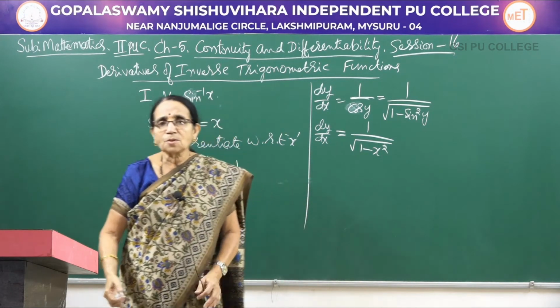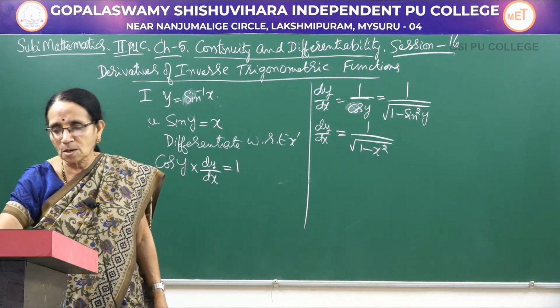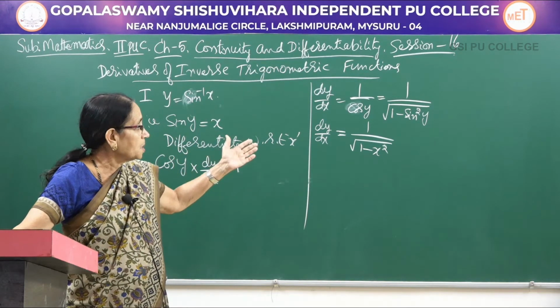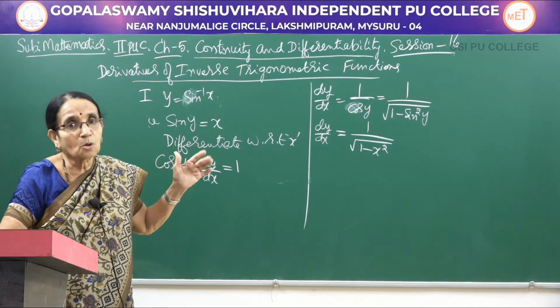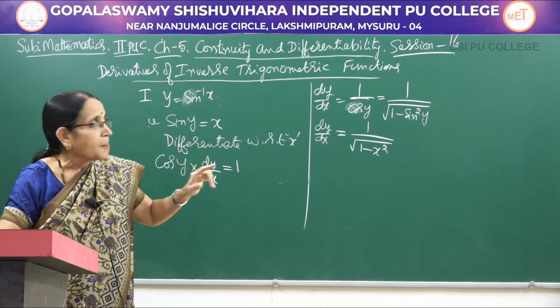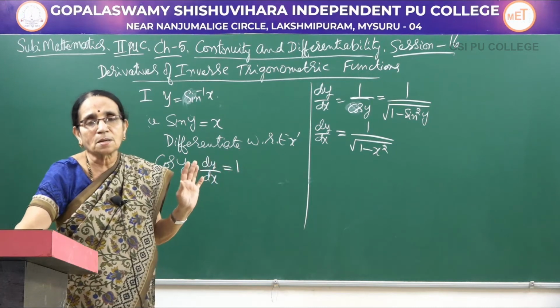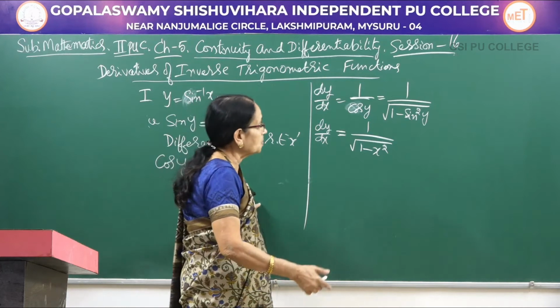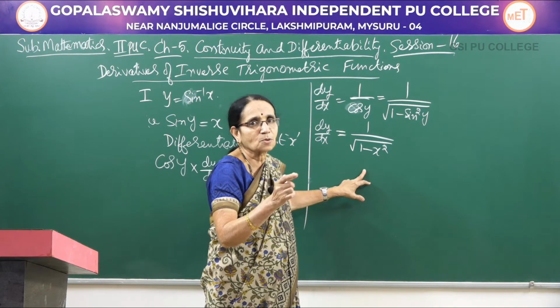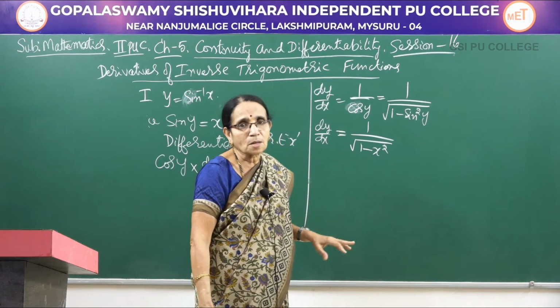Now, when we discussed inverse trigonometric functions, we had taken the domain to be -1 to +1, a closed interval. Here we consider the open interval -1 to +1, because if x belonged to the closed interval, we would get 0 in the denominator.